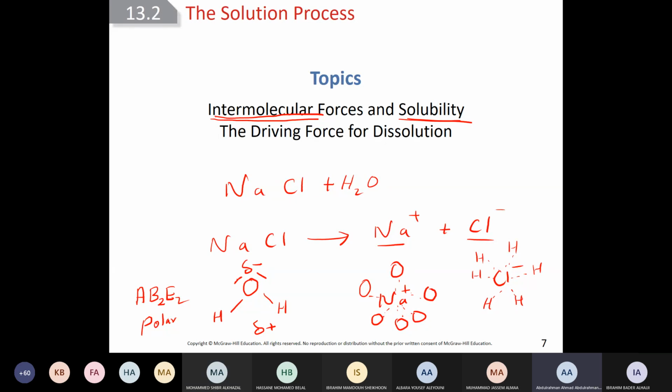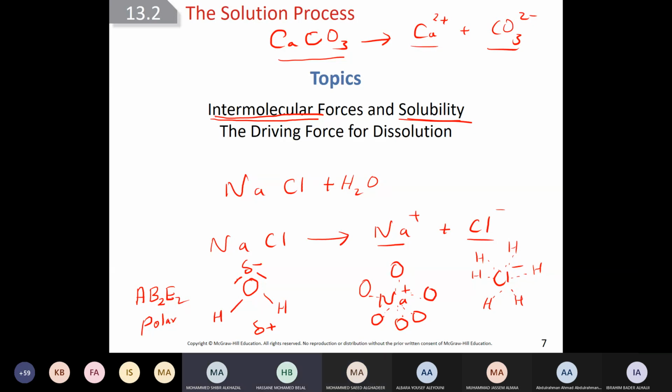Let me ask you a very simple question. Why does NaCl dissolve in water while calcium carbonate, which can also go to Ca plus 2 and CO3 minus 2, does not dissolve in water? Why? Maybe it is non-polar.